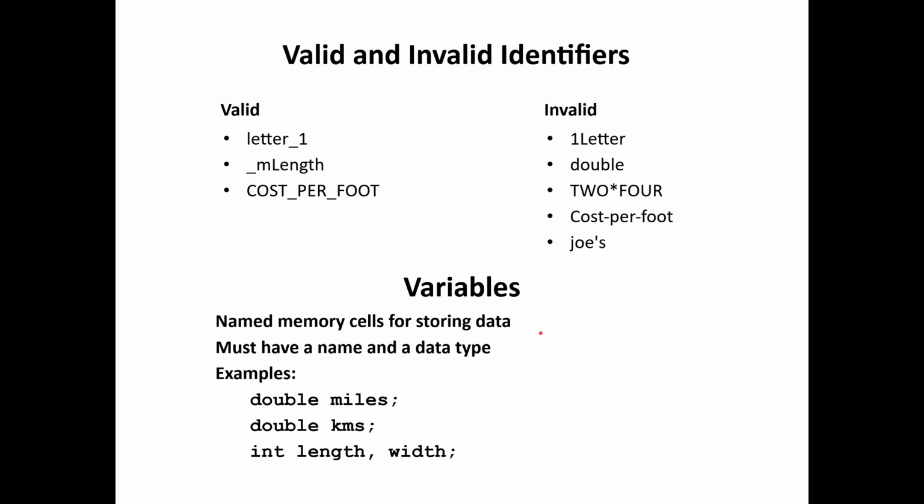In this example, we have miles and kilometers, KMS, that are both of the type double. So the general format is type of the variable, name of the variable, semicolon. We also have an alternative form right here. So type of the variable, name of the variable, comma, name of another variable. You can declare multiple ones on the same line.